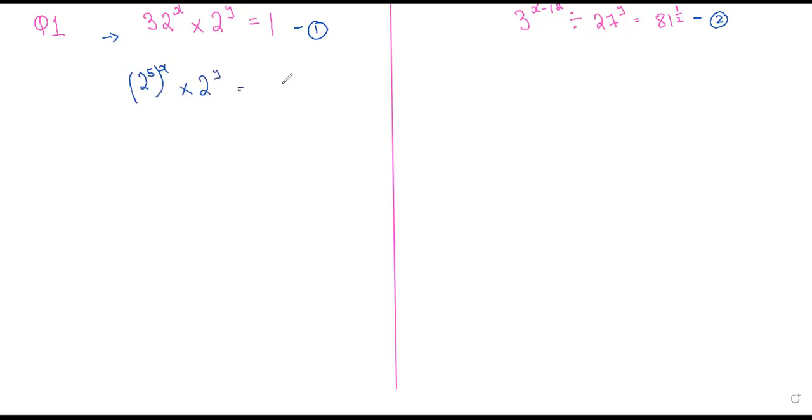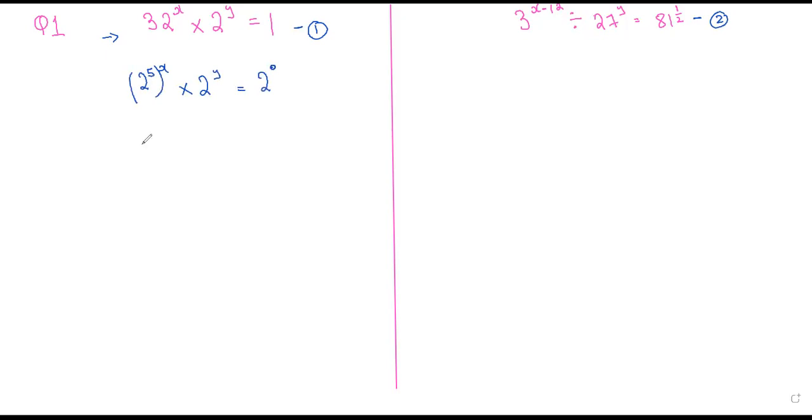Can I write 1 with base 2 somehow? Yes, the power will be in fractions then. Okay, basically the power will be 0. We know that any number to the power 0 is 1.